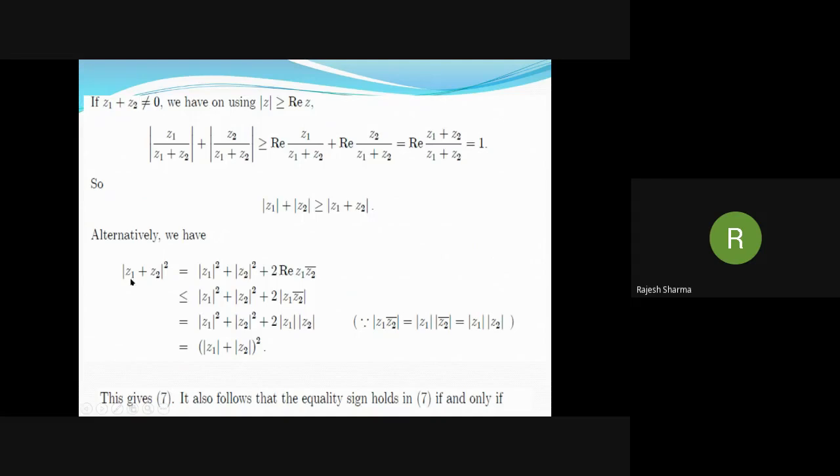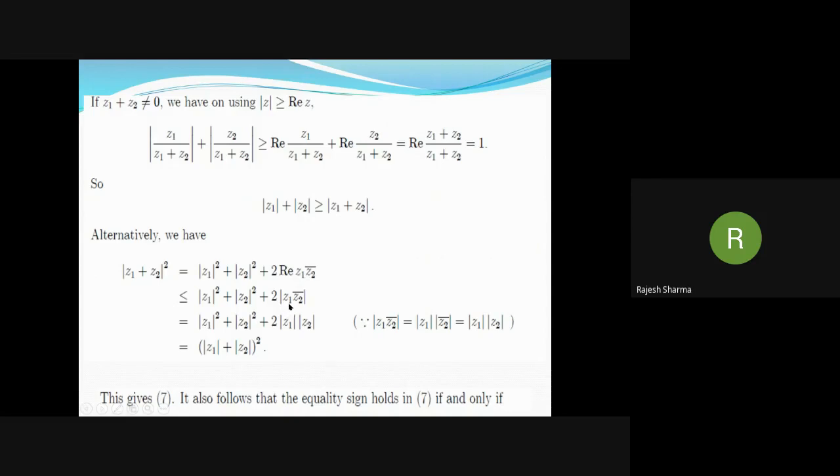Alternatively, the standard proof of this is we write mod z1 plus z2 squared. We can write this as equal to mod z1 squared plus mod z2 squared plus 2 times the real part of z1 z2 bar. Again, using that the real part of z is less than or equal to mod z, we have this inequality for 2 times the real part of z1 z2 bar, because this is less than or equal to this expression.